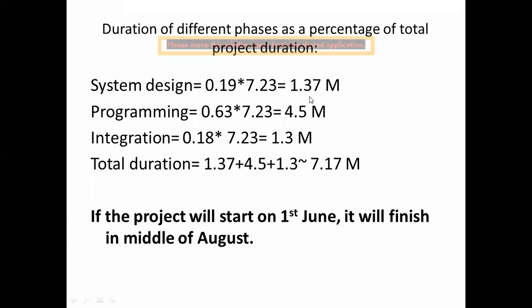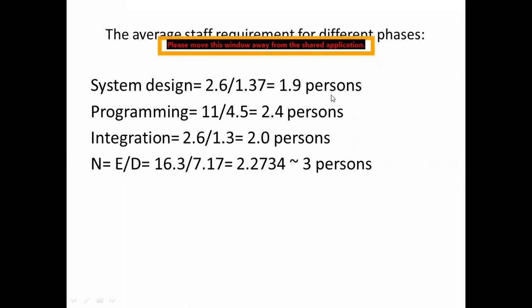So whenever we divide 2.6 by 1.37, we get 1.9 persons, or programmers, required to complete this phase.